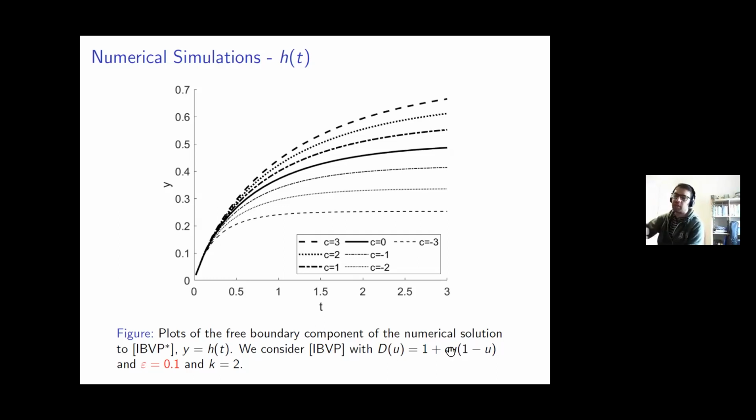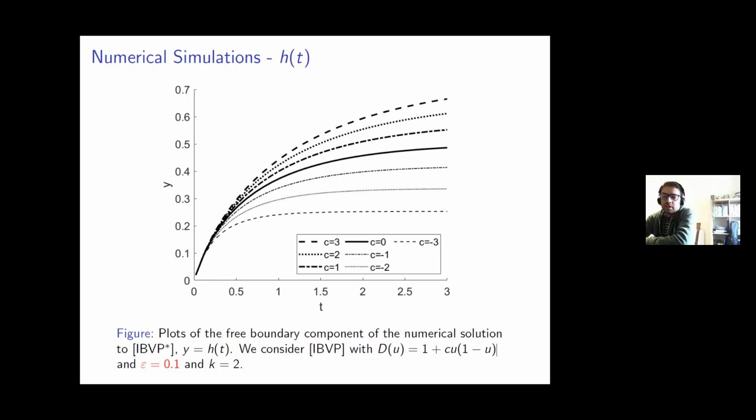Again, you can see the heights of these curves, so we're plotting y equals h of t, or y equals the height of the wax layer. As you increase d, you increase not only the height of the wax layer, but also the time taken for this to converge. Similarly, you can see that the gradient at 0 is the same for all of them, so all the curves have the same gradient at this initial point.